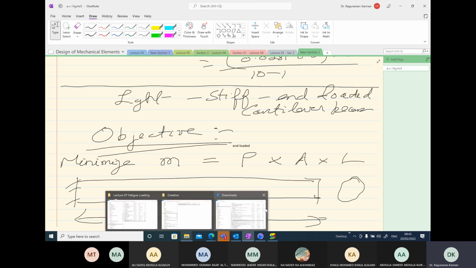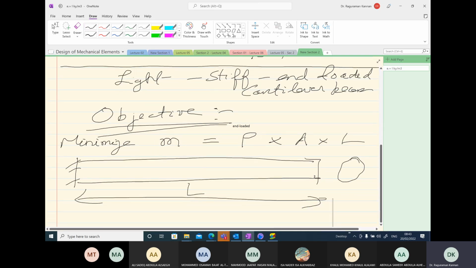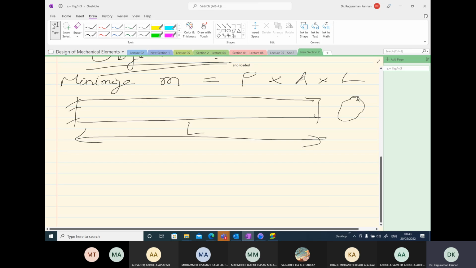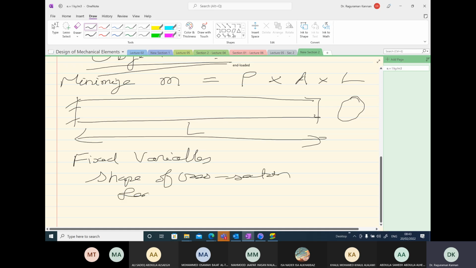Usually in the design, the length L of a cantilever beam is specified there. We cannot do much about it. And now we identify fixed variables. What are the fixed variables here? The shape of the beam, circular shape of cross section. And then length, right? Length is fixed. So no choice here.